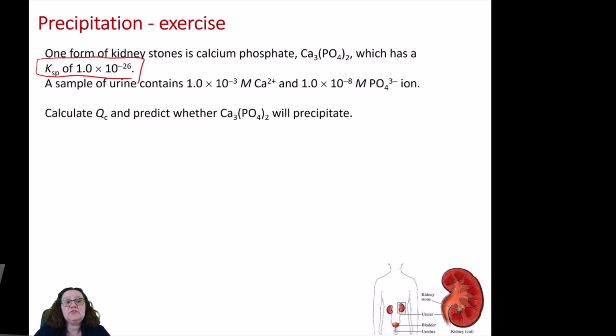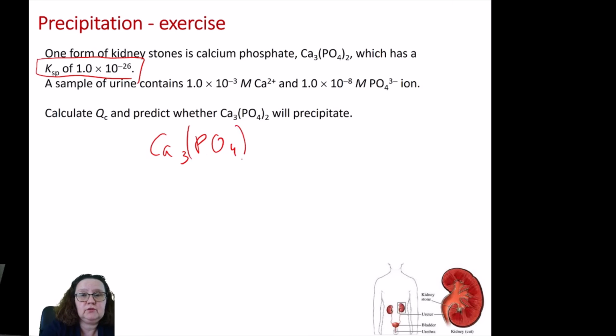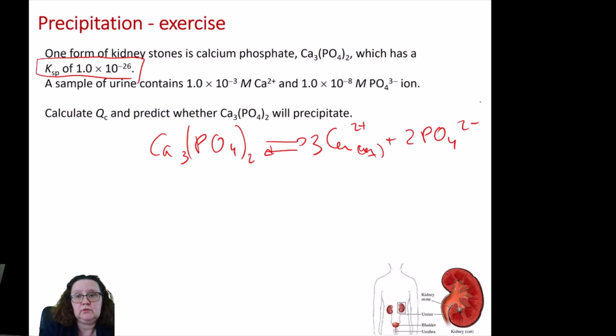So again, the first step is to write the equation and see how many ions are formed. The calcium phosphate liberates calcium ions, 3 of them, and phosphate anions, 2 of them.